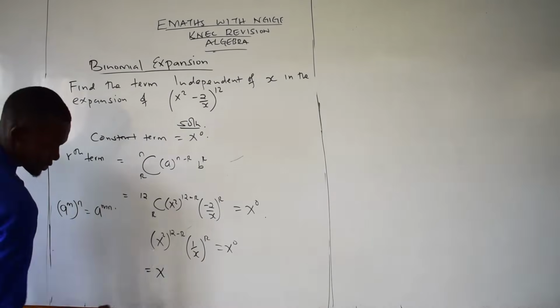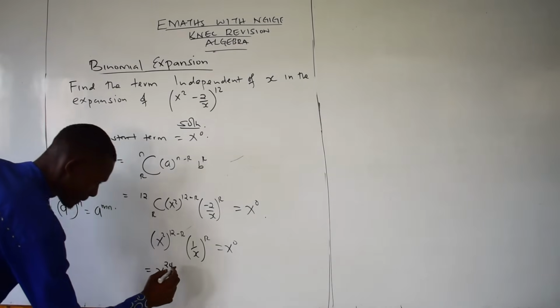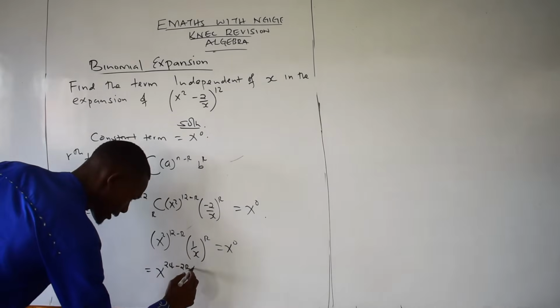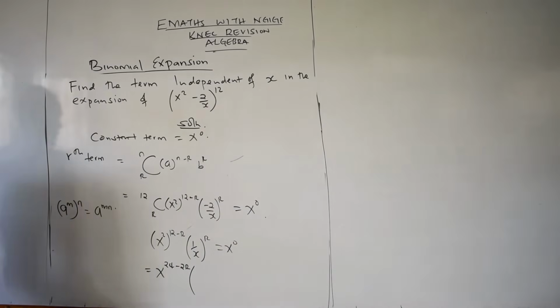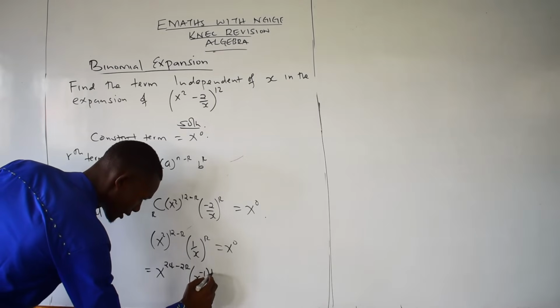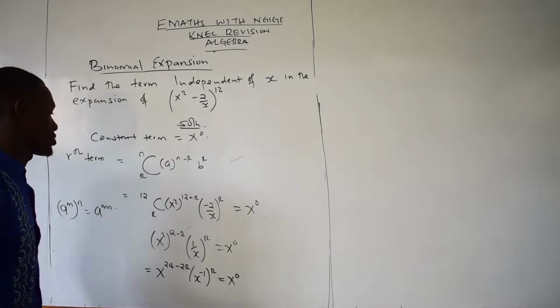So opening these powers, we shall have x to power 24 minus 2r. Then again, our 1 over x, we bring it to the numerator. We shall have x to power negative 1, raised to r. This one should give us x naught.